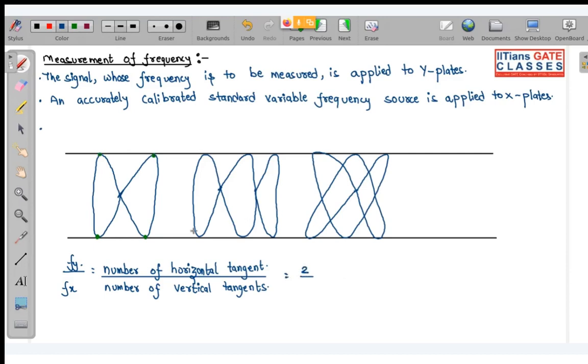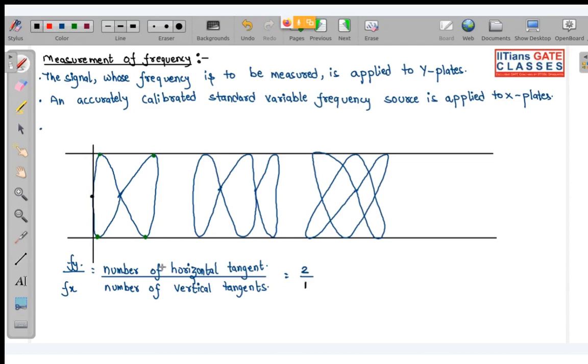Vertical tangent, if you draw it, you can see there is only one. This is your vertical tangent. So 2 is to 1.